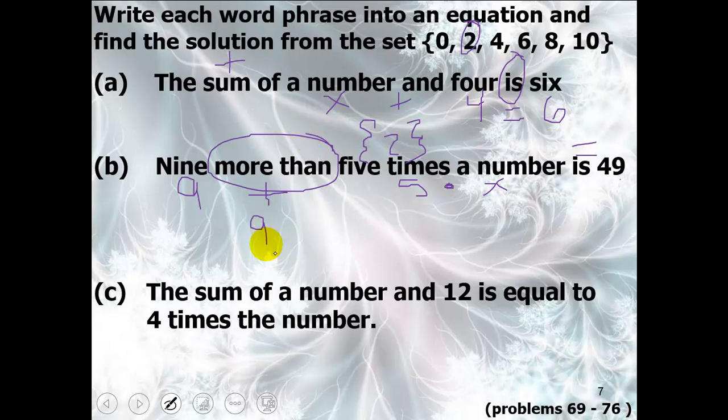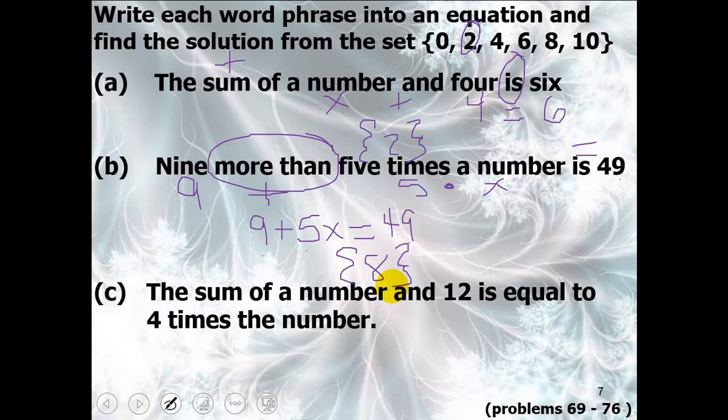So 9 plus 5 times x is 49. What do we have to add to 9 to get 49? Well, 40. So what times 5 gives you 40? 8. So 8 is the solution.